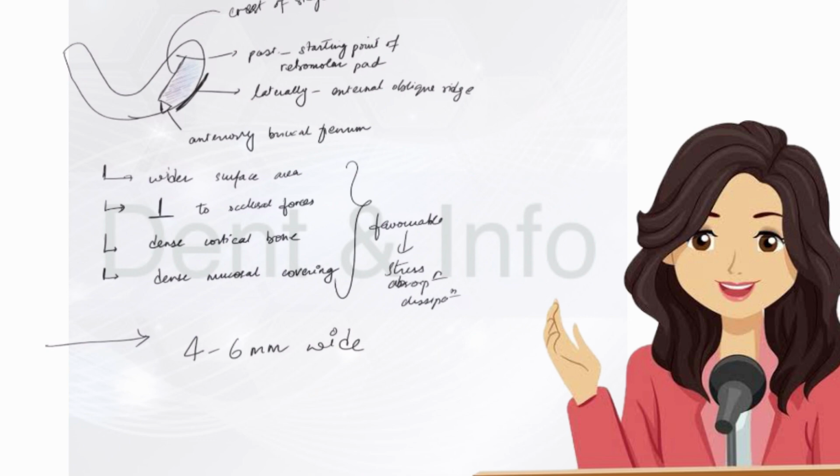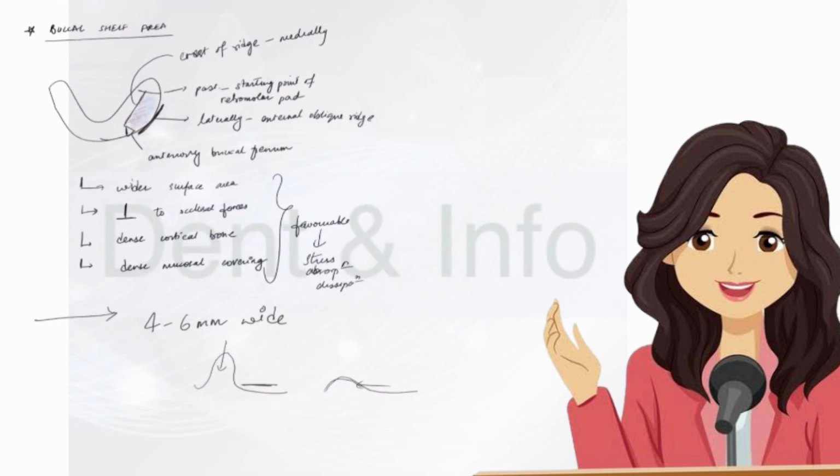Initially, I'll draw for you, the crest of the ridge will be like this, and this would be your area. When the crest of the ridge flattens and comes downward, our area widens because now the crest of the ridge is moving far medially. So the area becomes more horizontal for us, and that is how you get a wider area that is favorable for deriving support.